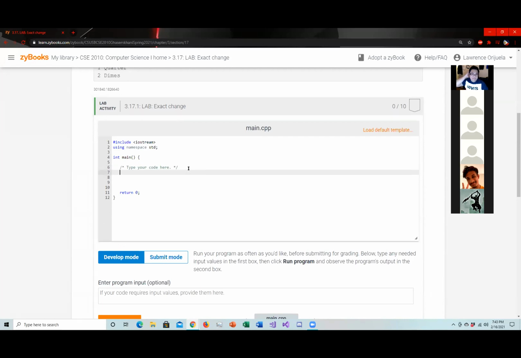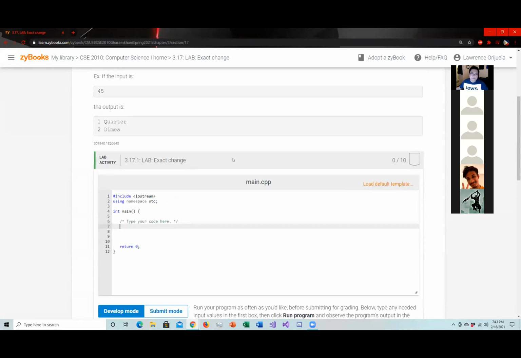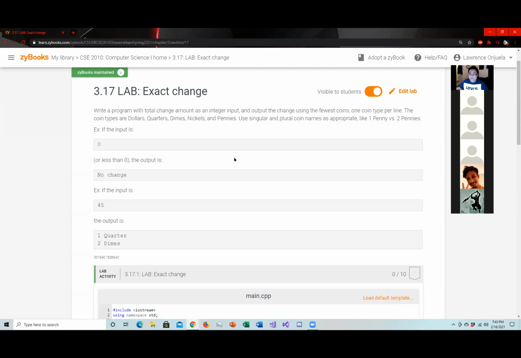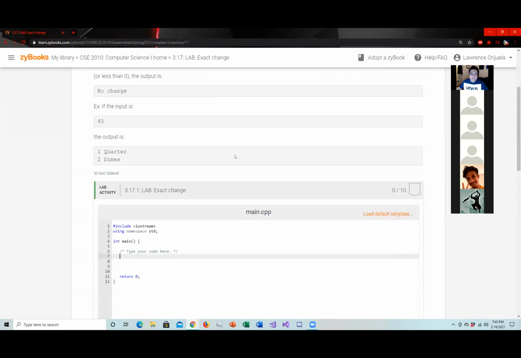But this lab is totally doable. I think what we need to do, well, actually, the first thing we need to do is declare a variable for the integer that we're inputting, right?